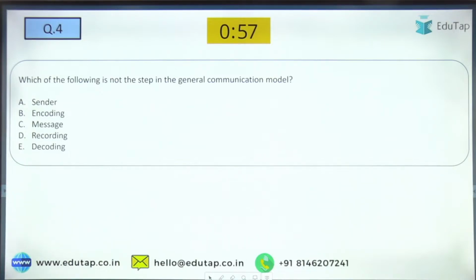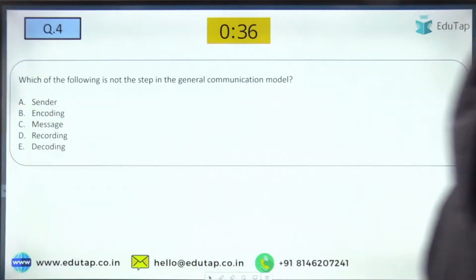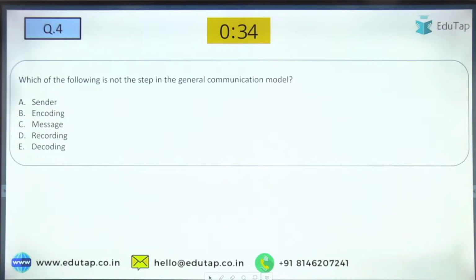Now this is a phase 1 level question which is coming right now on the screen. Which of the following is not the step in the communication model?